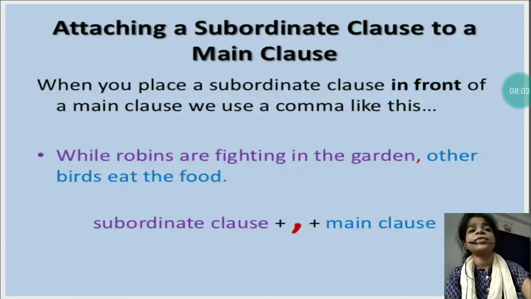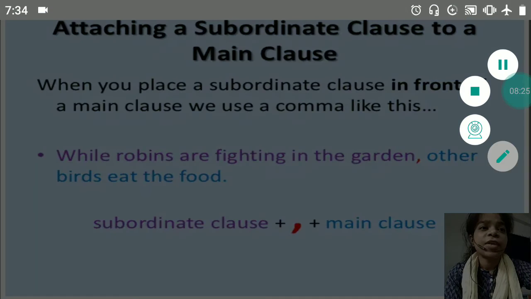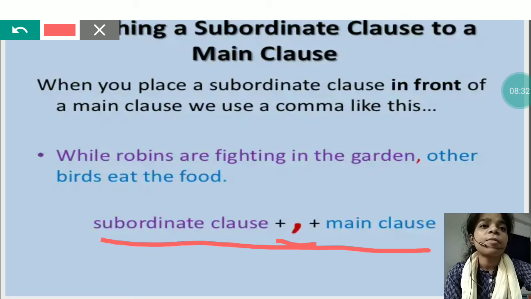Now the first way to add a subordinate clause to a main clause was using a subordinate conjunction, but there are other ways also. Like the second one: when you place a subordinate clause in front of a main clause, we use a comma like this. "While robins are fighting in the garden, other birds eat the food."